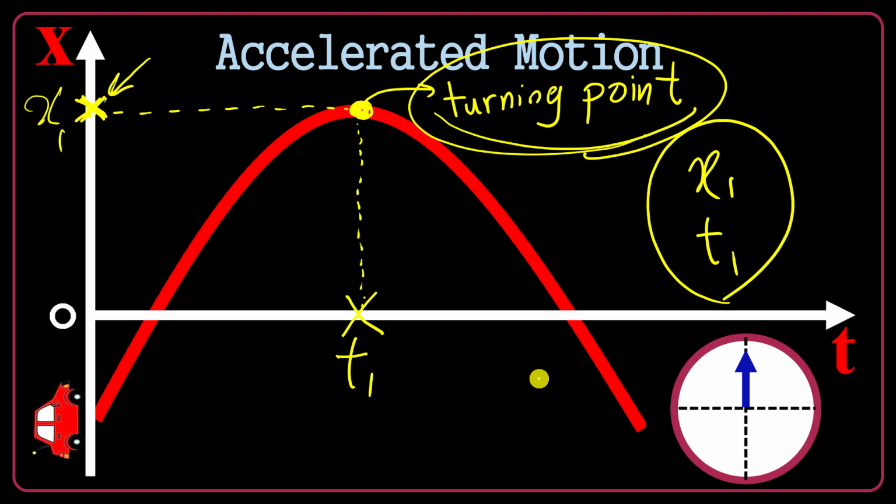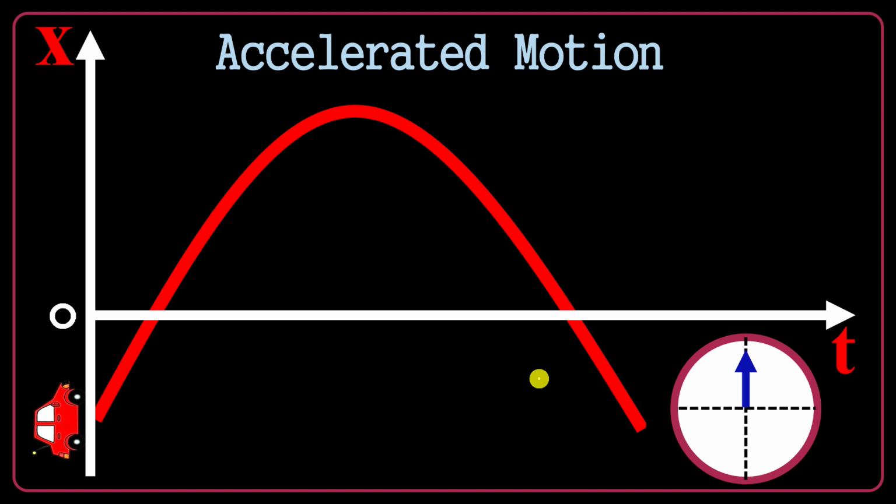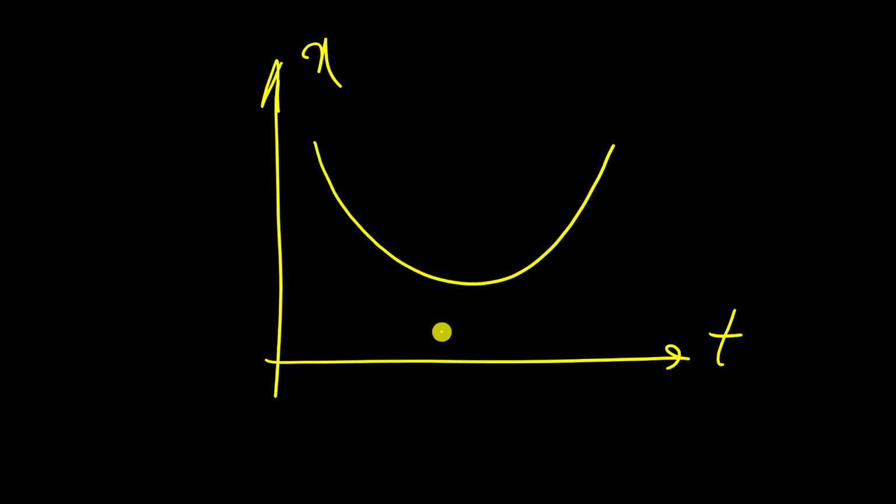Also, the graph may have another peak point like this. Let me show you something here. It may be interesting for you. Suppose that the xt graph is given like that. Okay, does it have a turning point? Yes, it does. Here I have a turning point, you see, at t1 and x1. Physically, the object will stop here and goes back.